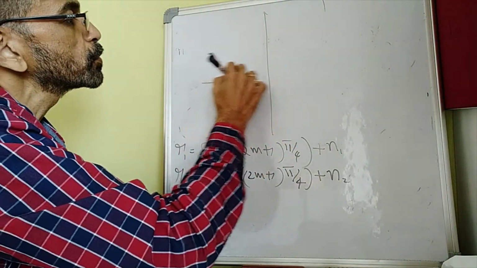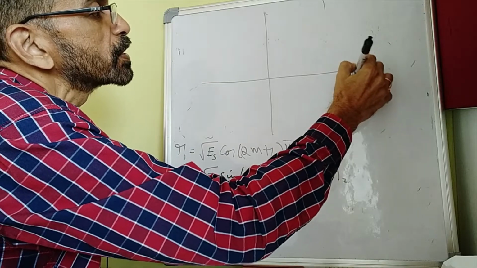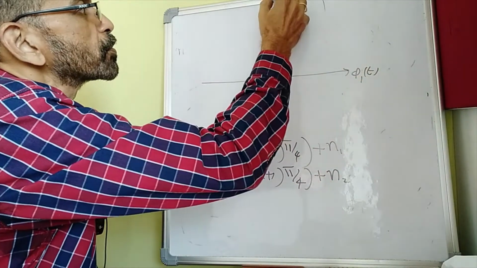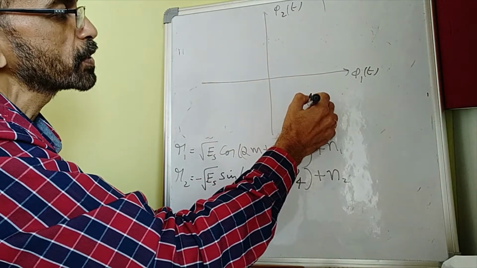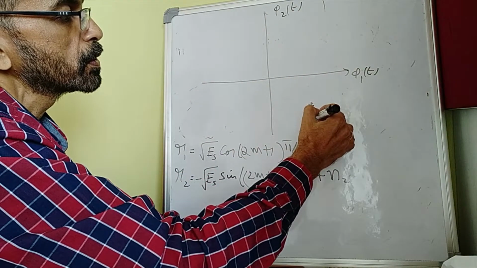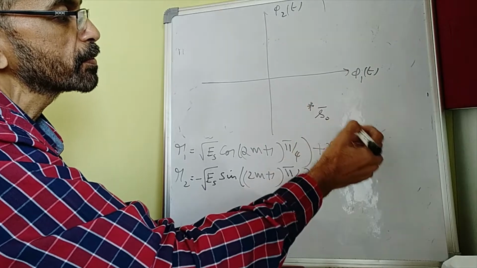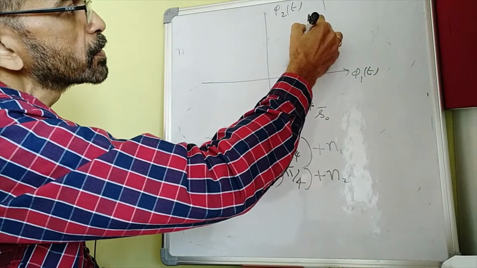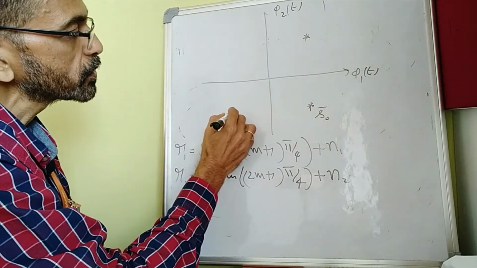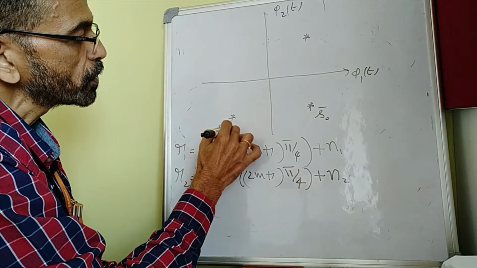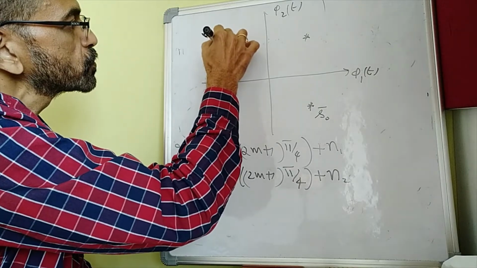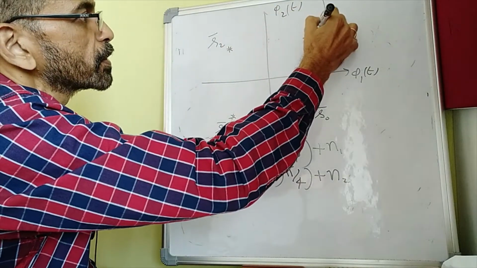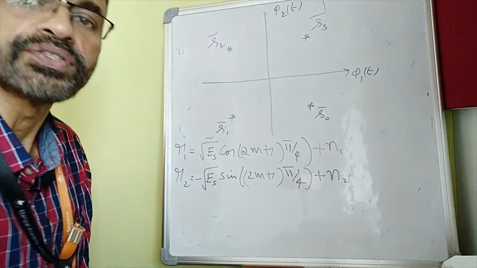And we can do the same thing here for QPSK. Let me draw the signal space and the constellation. So we have S0 here, S1 is here, S2 is here, and S3 is here.